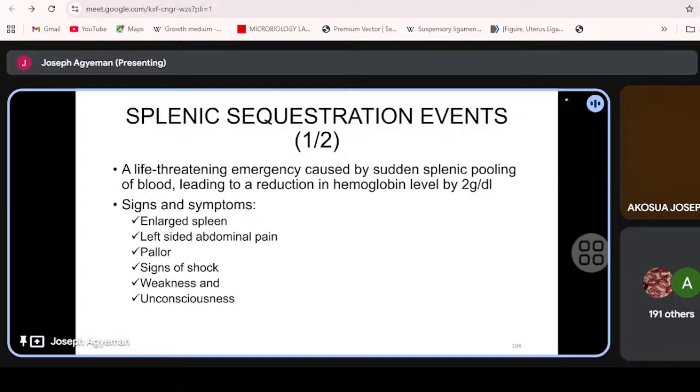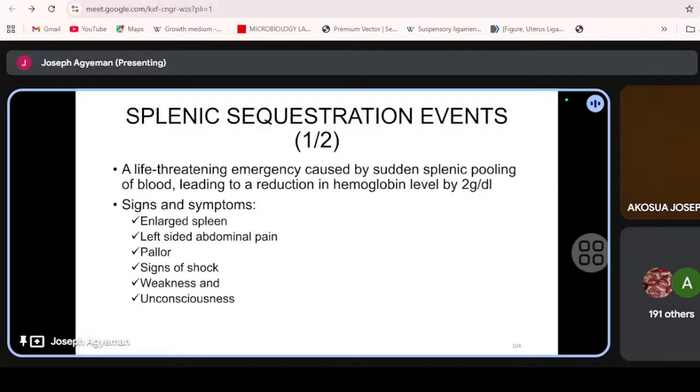Another issue is aplastic event. Once you mention aplastic, then your focus should be on the bone marrow being damaged. These individuals, because of either functional spleen issues or the spleen getting damaged, are prone to infections. A notable infectious agent that can cause aplastic issues is parvovirus B19.